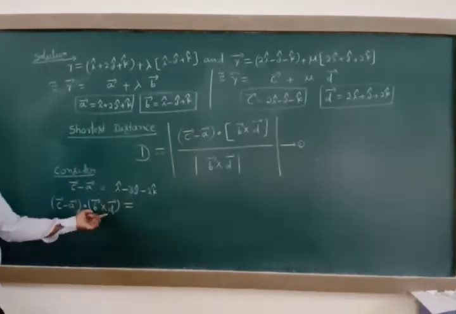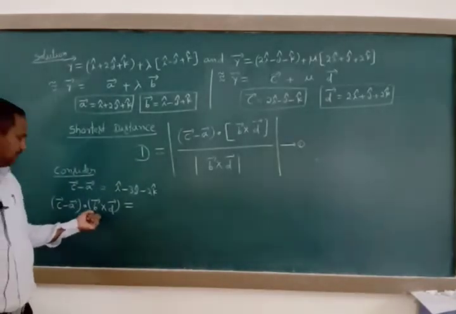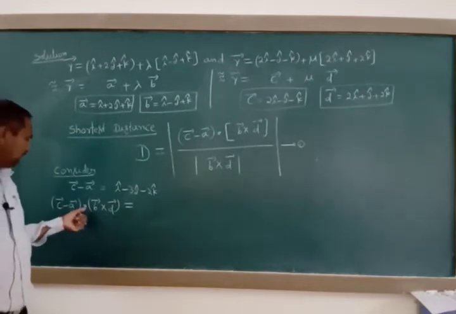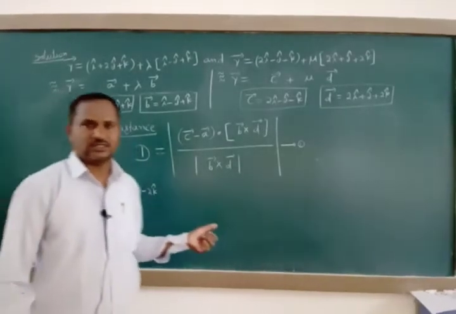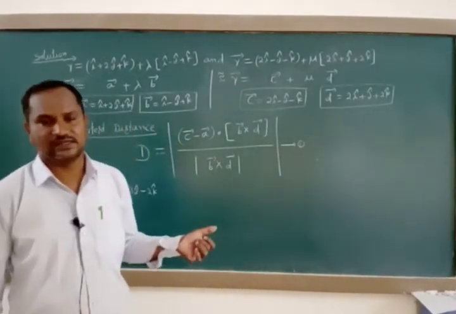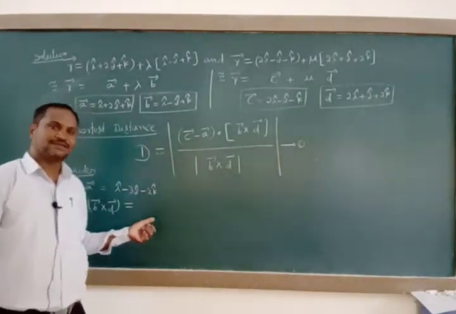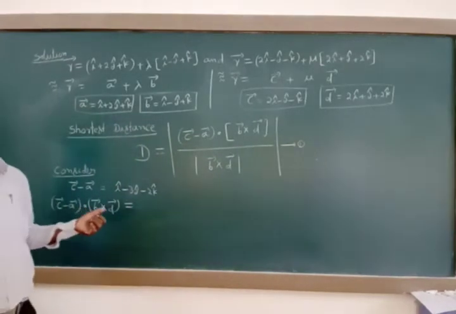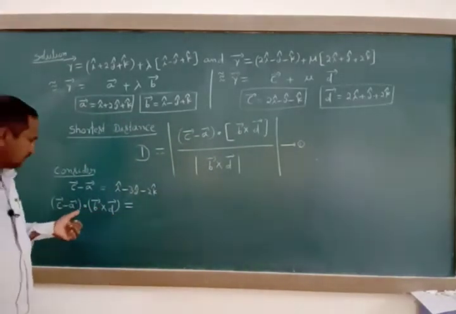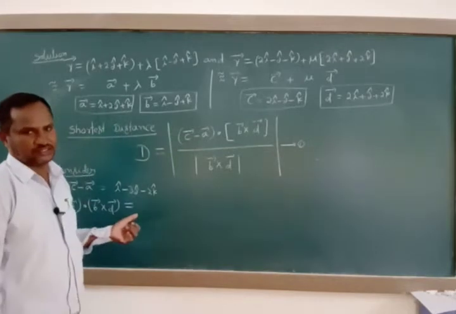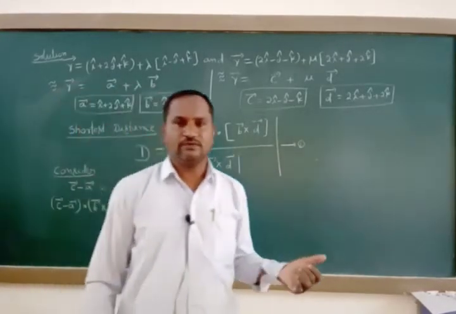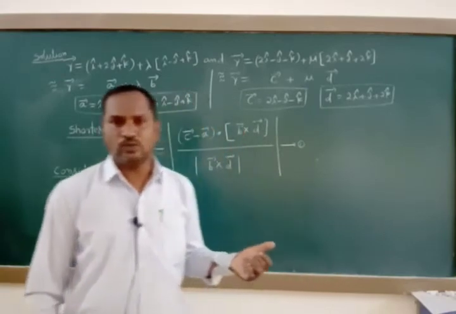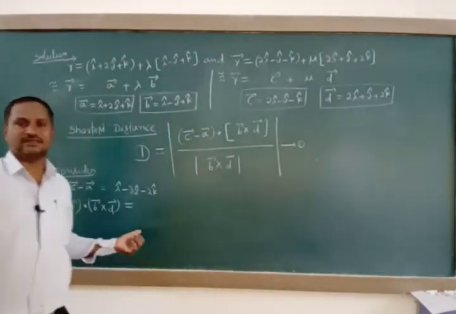Totally we have three vectors, and between them we see dot and cross. Whenever in vectors we have dot and cross together, that value is the scalar triple product, which I told about earlier. Now we are applying that concept to this value.